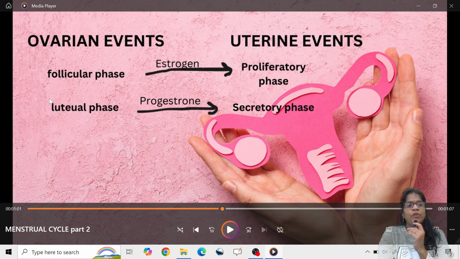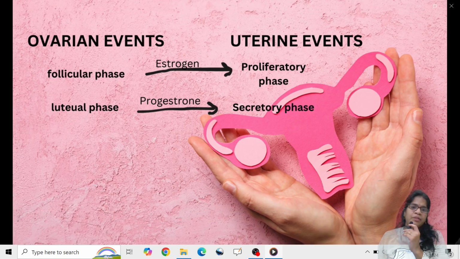In the same way, in the luteal phase, the corpus luteum, the ruptured Graafian follicle, will be releasing more progesterone. This progesterone released from the ovary enters your uterus, preparing for the secretory phase, and endometrium shedding will happen. I just want to give you basic information for easy understanding.